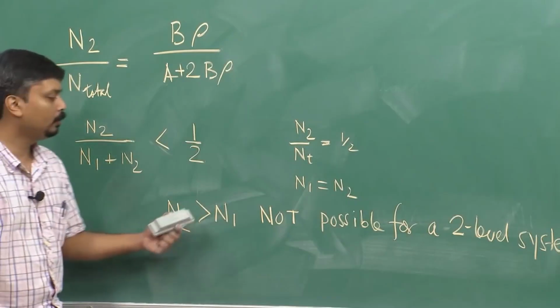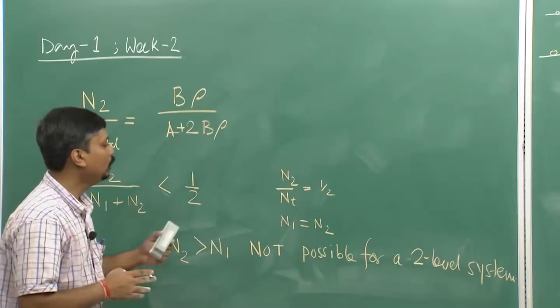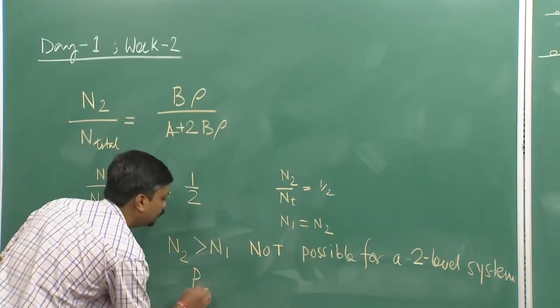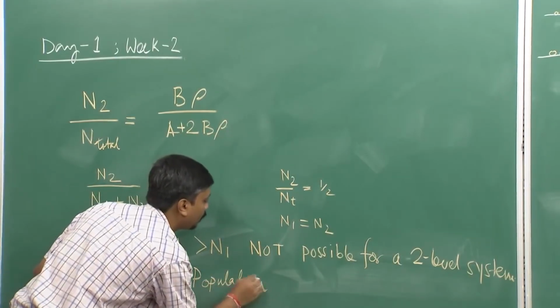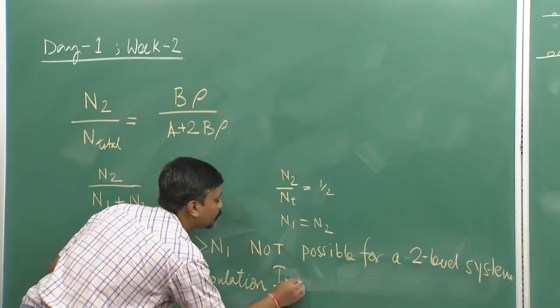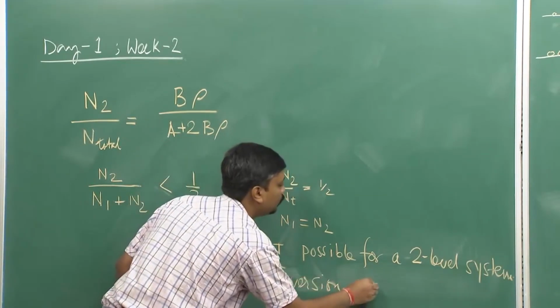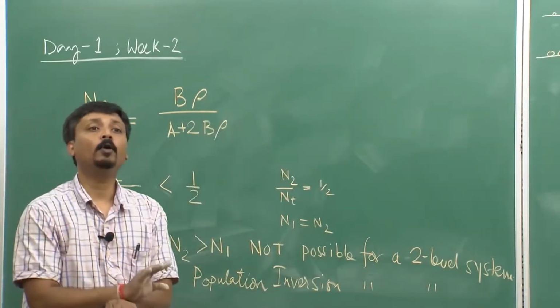This condition is not fulfilled in a 2-level system, or in other words, population inversion is not possible for a 2-level system. This is an important lesson.